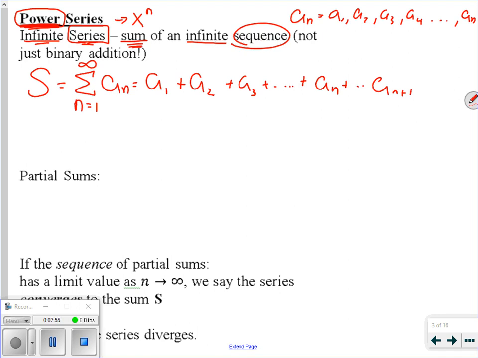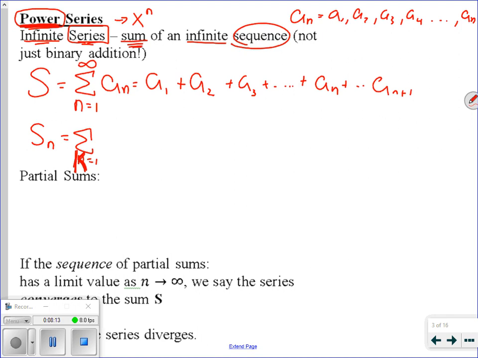Okay? And more specifically, if I say S sub n, instead of taking the infinite sum, we would take the sum from k equals 1, meaning the first term, to our nth term. I'm using k here because I'm about to use n for something else.